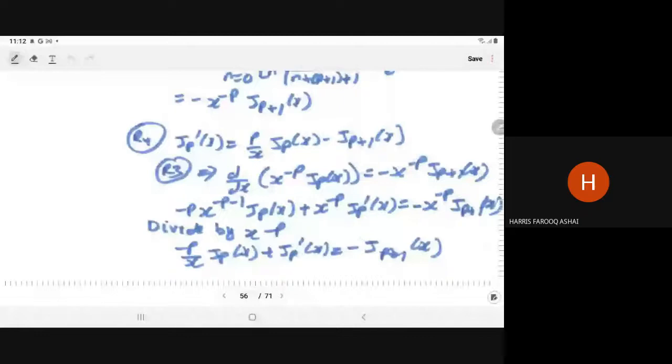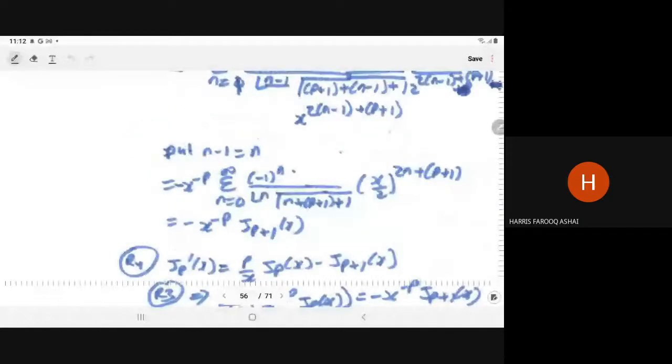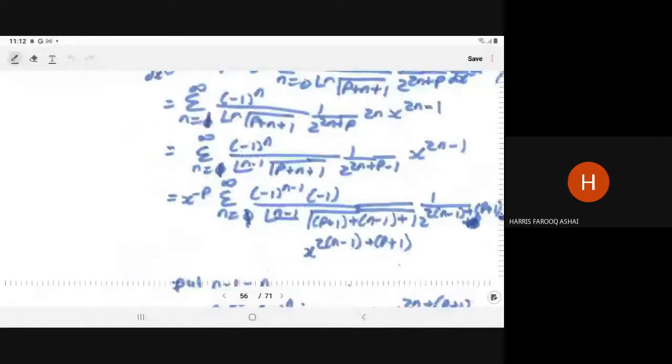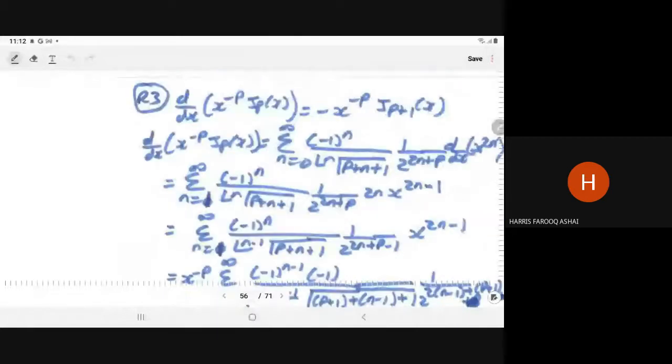Now the third recurrence relation. The third recurrence relation is d/dx of x to power p, not in R2, after taking the derivative.